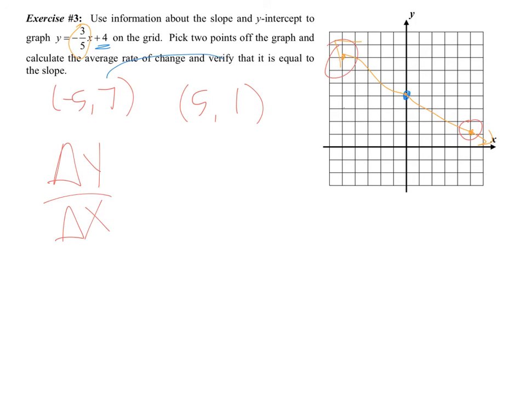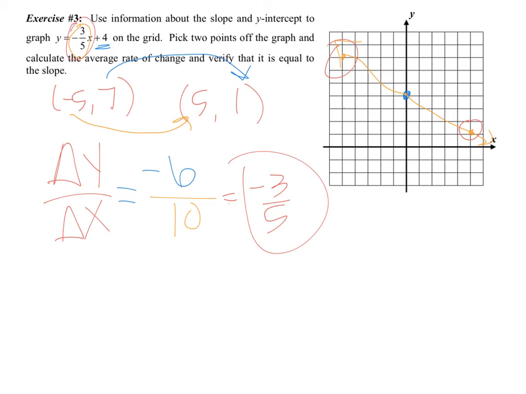From 7 to 1 on a number line, you go to the left, which means you are subtracting. From 7 to 1 is negative 6. And then from negative 5 to 5, you're going right on the number line, so it's a positive number, and it is 10 places. Now we can reduce this number to make negative 3 over 5, which is the same as your slope.